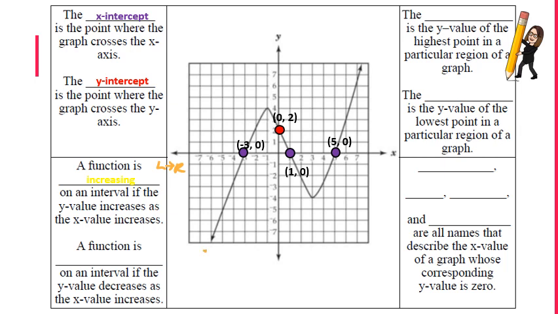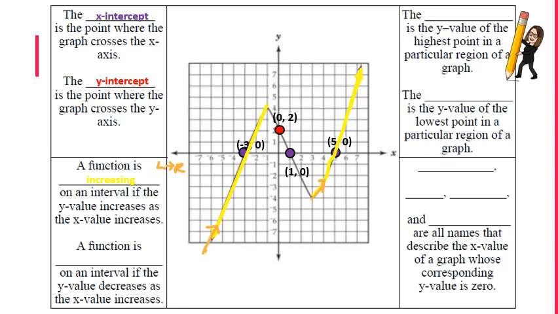Meaning if I start here at the left and I start drawing on the graph, I'm going up. I'm increasing from the left side going up, okay? So increasing, and then I'm changing direction. I'm not increasing anymore, but then I'm increasing again from this direction on, okay?